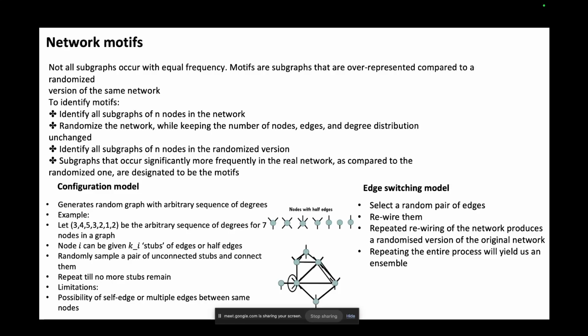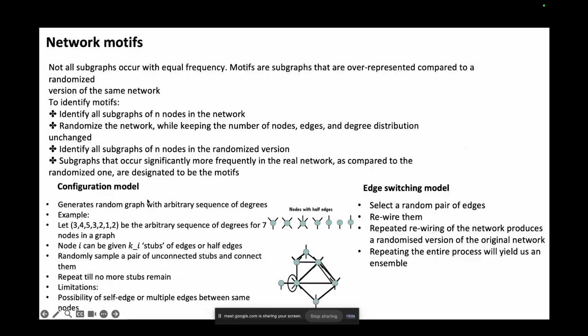Then you randomize the network while keeping the number of nodes, edges, and the degree distribution unchanged, and identify all the subgraphs of n nodes in the randomized version. Subgraphs that occur significantly more in the real network compared to a randomized one are designated as network motifs.